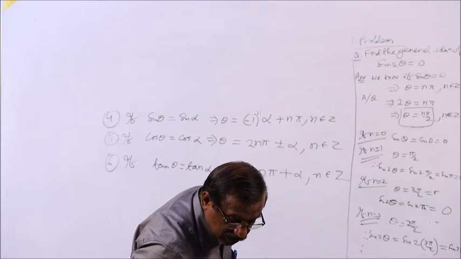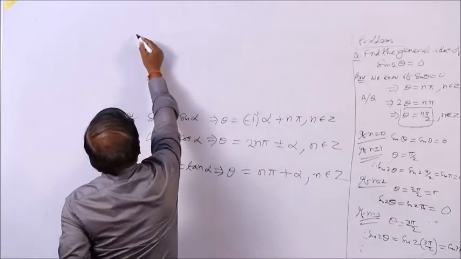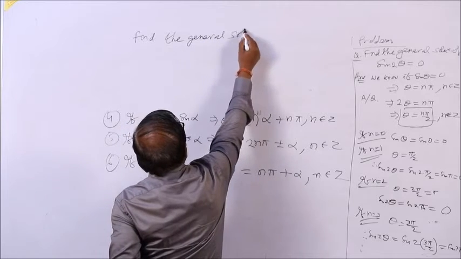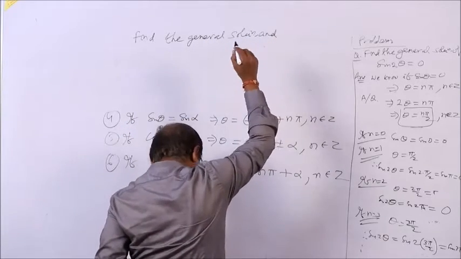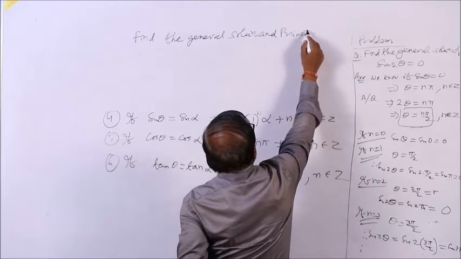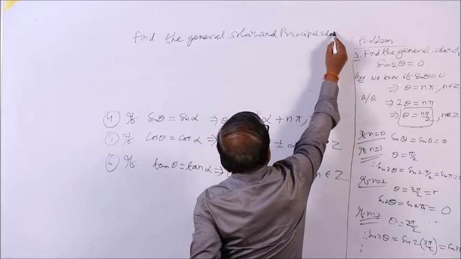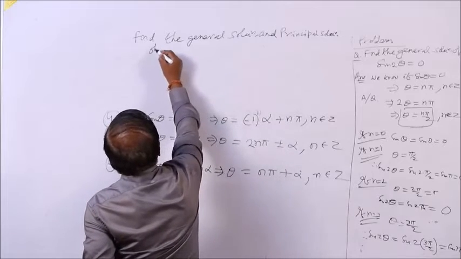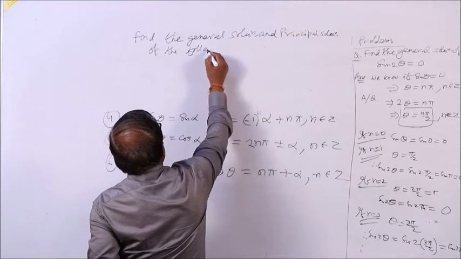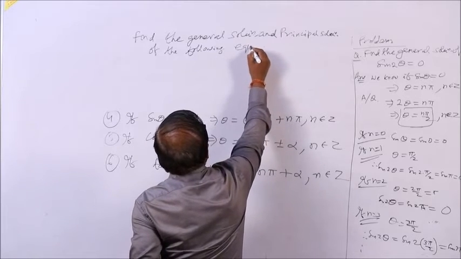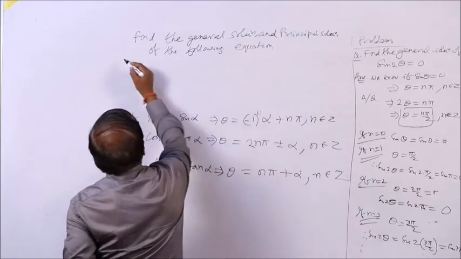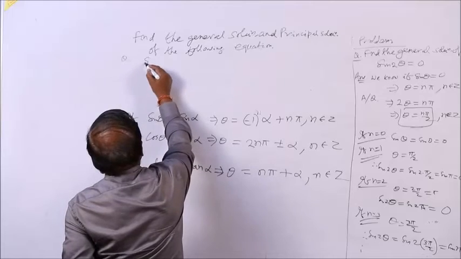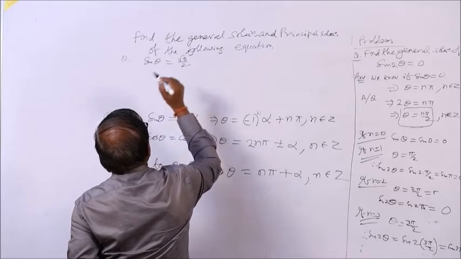Find the general solution and a principal solution of the following equation. Question: sin theta is root 3 by 2.